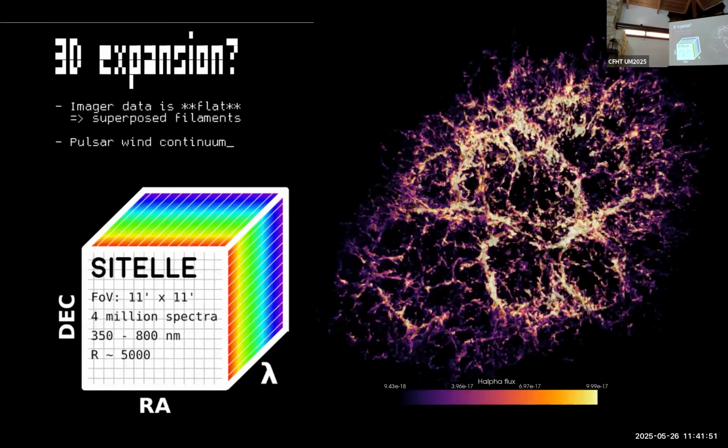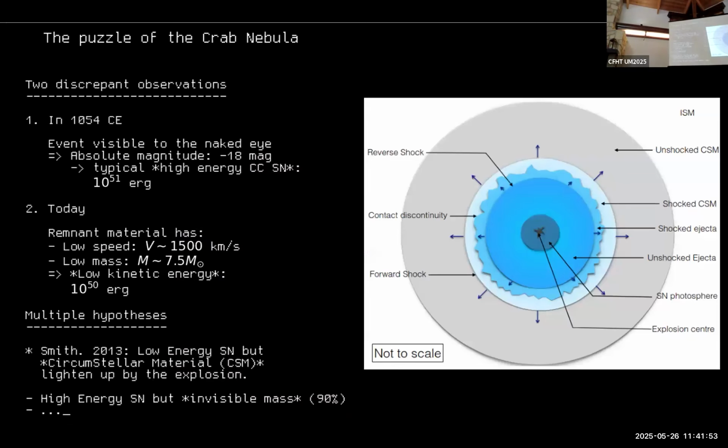In fact, the idea is that the presence of the cocoon of circumstellar material, this cocoon was lit up during the explosion, which elevated the brightness of the explosion at this time, in 1054, to the brightness of a typical supernova explosion. But it might not be the case. In fact, it could be a low kinetic energy supernova.